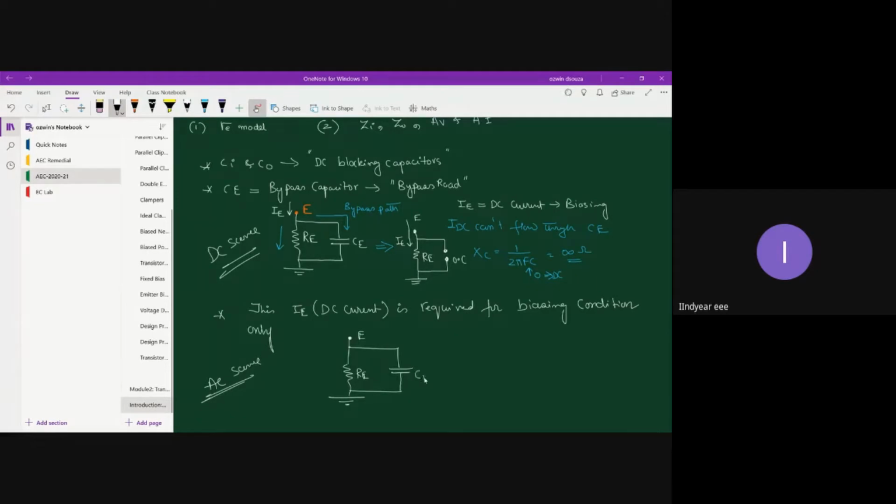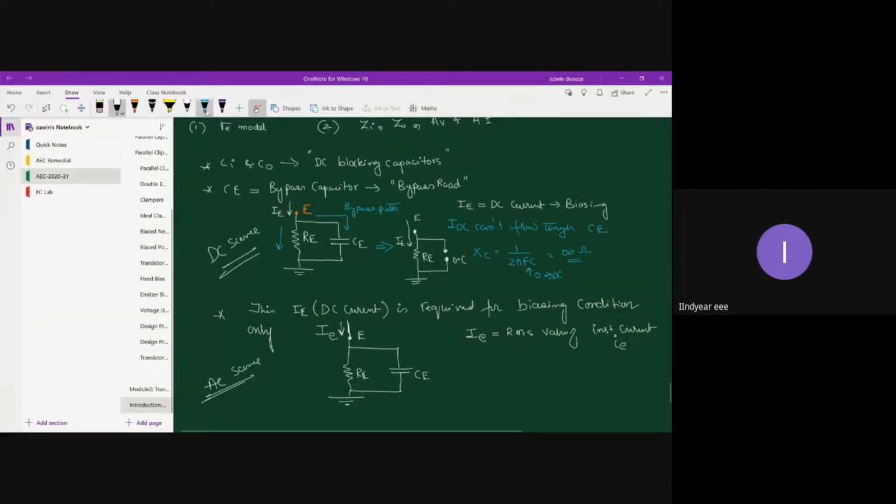Let me call this capital I small e, the RMS value of the instantaneous current small i small e. Now we have considered an AC current getting into the emitter terminal.